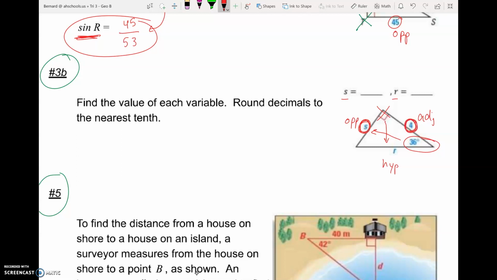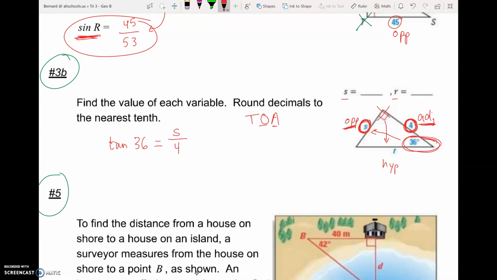So that would be S and 4, which means for us to find S, we need to use opposite and adjacent. That is the TOA part, right? Tangent is opposite over adjacent. So we'll do tangent of our angle. So tan of 36, and that's going to equal opposite over adjacent. So opposite is S, adjacent is 4.